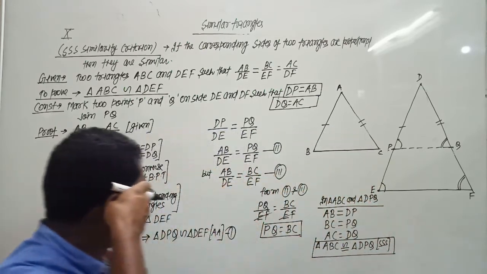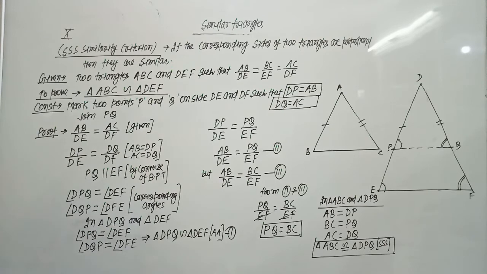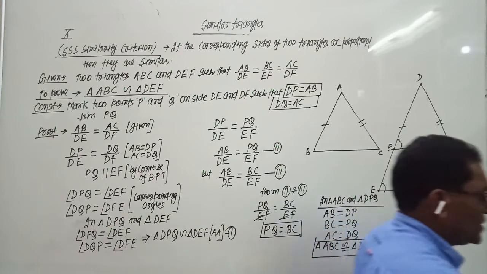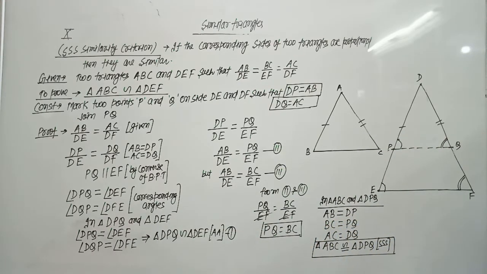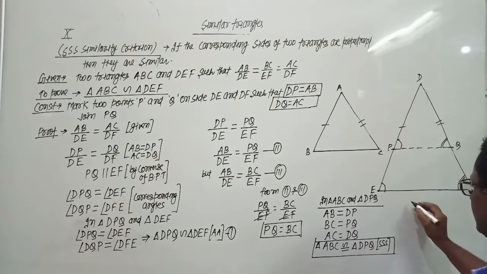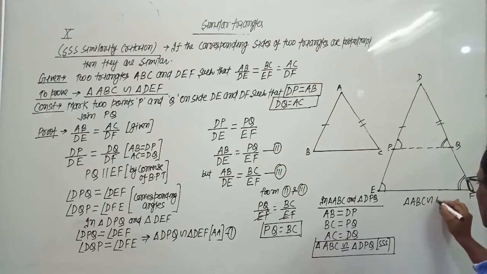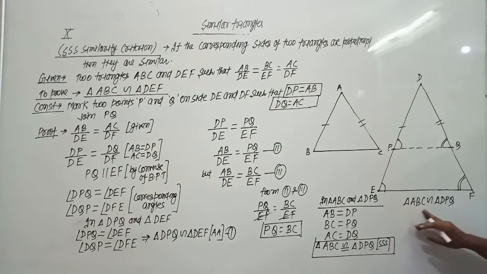So triangle ABC is congruent to triangle DPQ, and we know that if two triangles are congruent, then they must be similar. So we can say that triangle ABC is similar to triangle DPQ. And name it fourth equation.